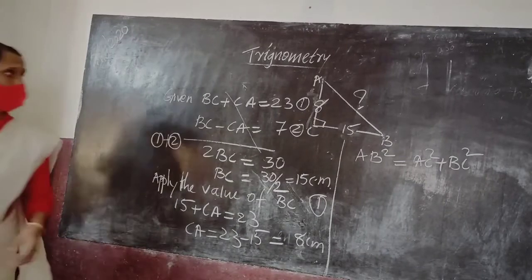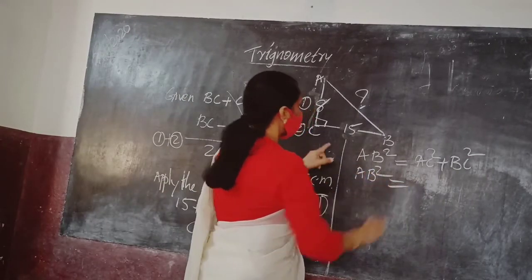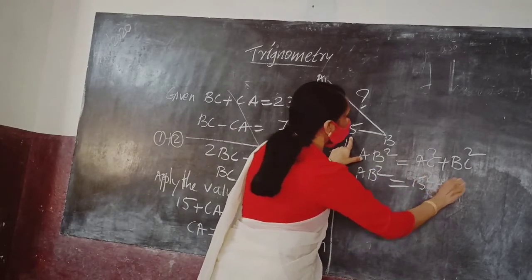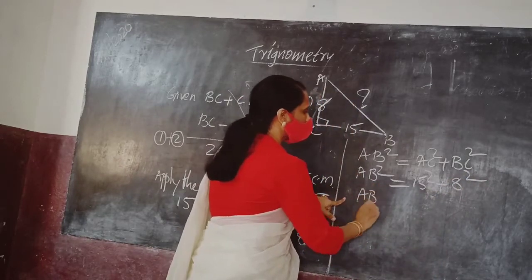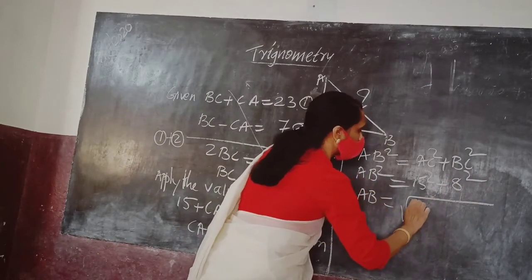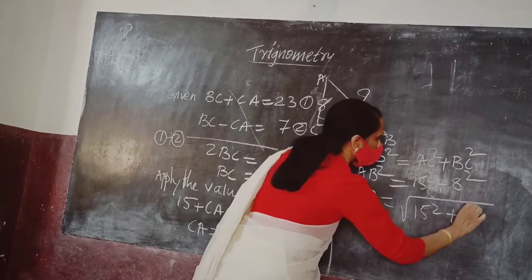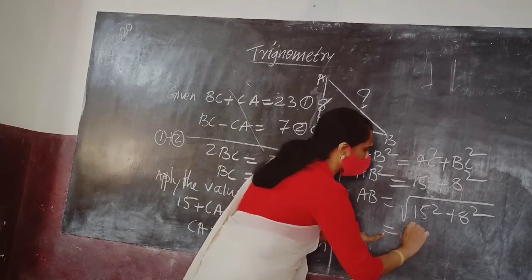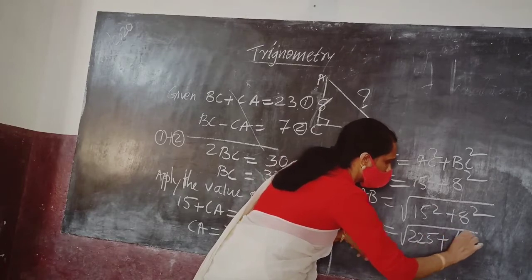So see here, we want to get AB square. What is AB square? 15 square plus 8 square. Therefore, AB is equal to root of 15 square plus 8 square. 15 square is 225, plus 64.